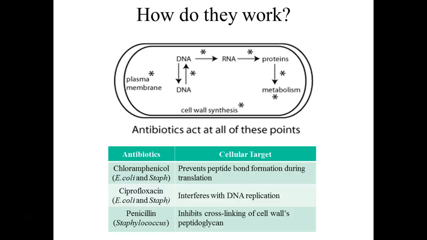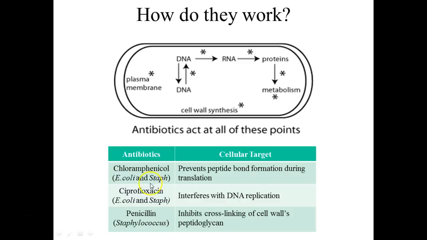Would that screw up a cell? Absolutely, right? They've got to be able to copy their DNA in order to copy themselves. They've got to be able to make DNA into RNA, and more importantly, RNA into proteins. And then they have metabolic processes that they have to do to stay alive, chemical reactions, right? So if we mess with those processes, the proteins that are involved in the metabolism or a particular metabolic pathway, we can inhibit or kill a microorganism.